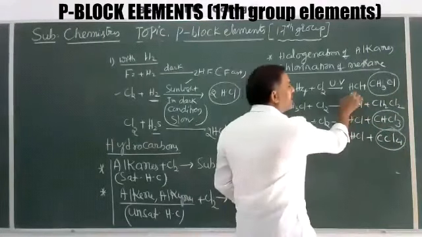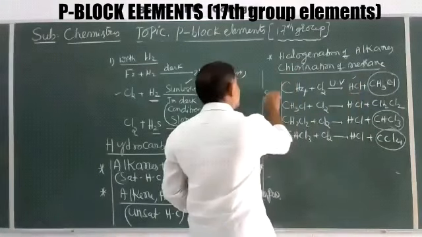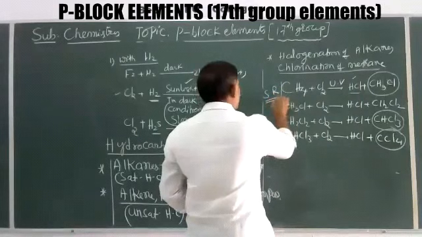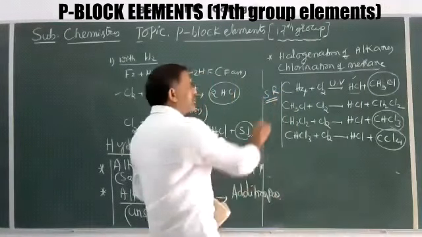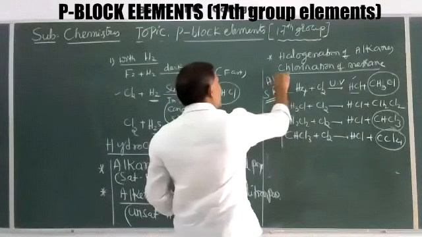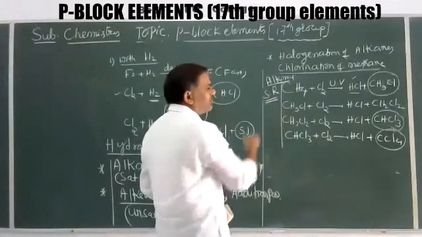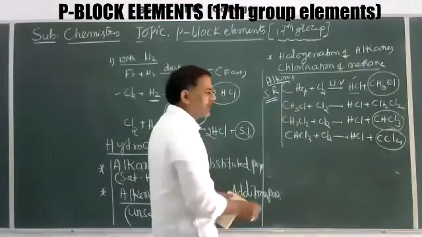These are the substituted products. While substituting, byproducts are liberated. That's why these are called substitution reactions. These are hydrocarbons, the saturated hydrocarbons, alkanes, which react with chlorine and give substituted products.